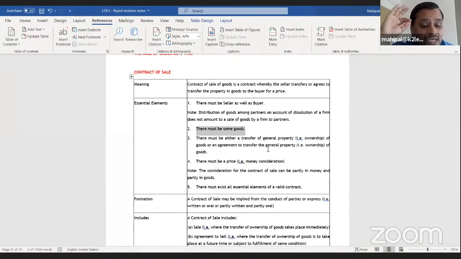Growing crops and grasses are goods which can be cut and severed separately from the land. All tangible and intangible assets are goods, and old and rare coins which are not used as a medium of exchange are goods. It does not include money by itself and actionable claims. Clear? Great.